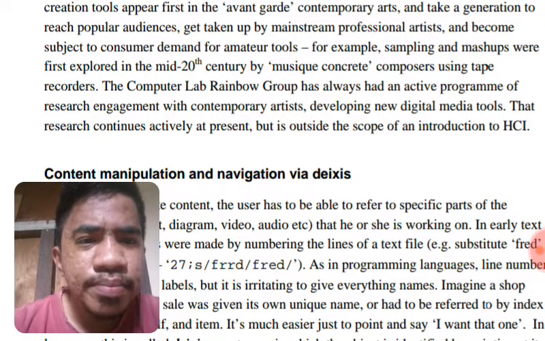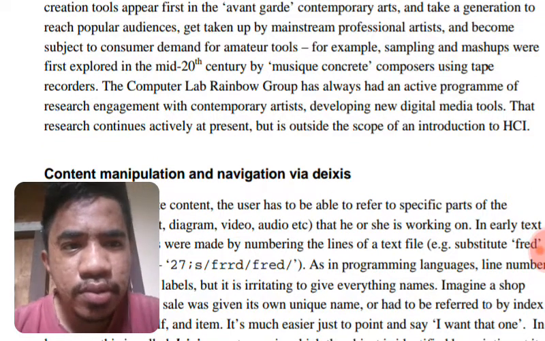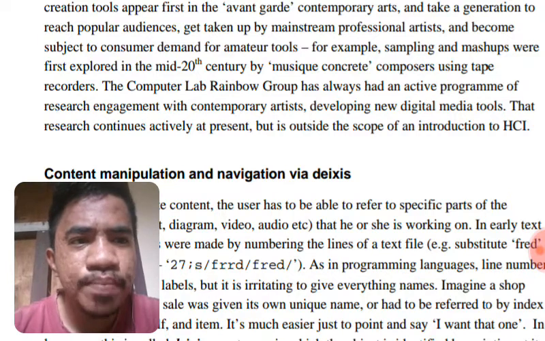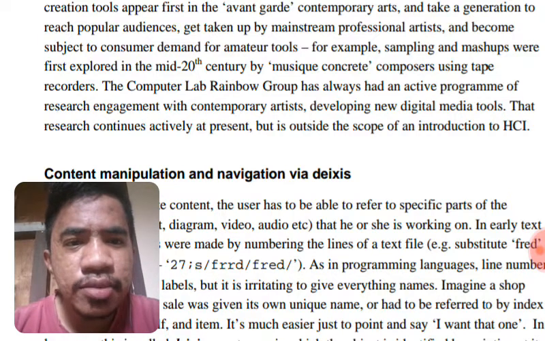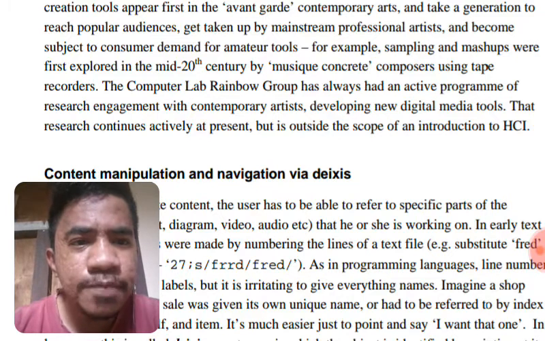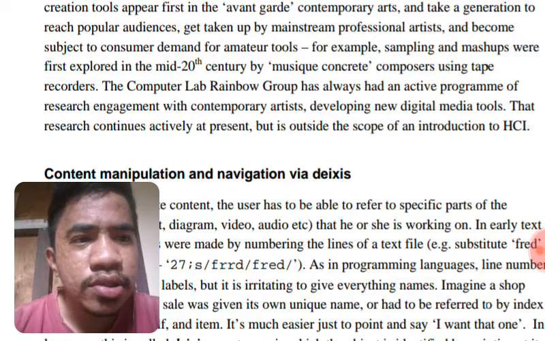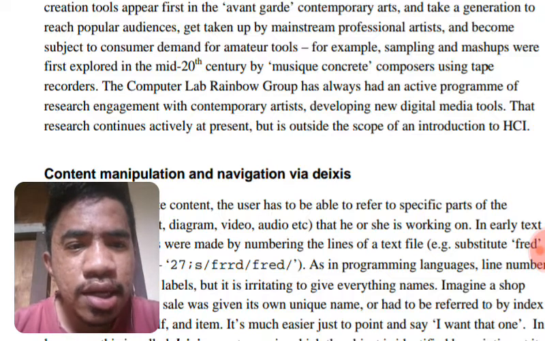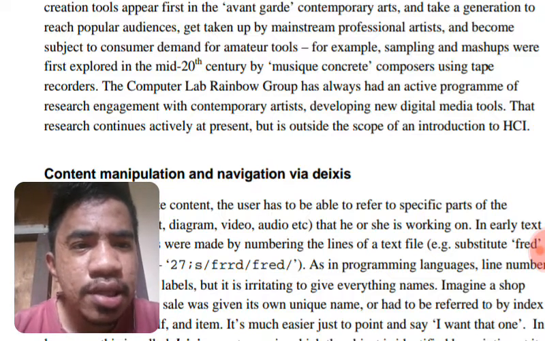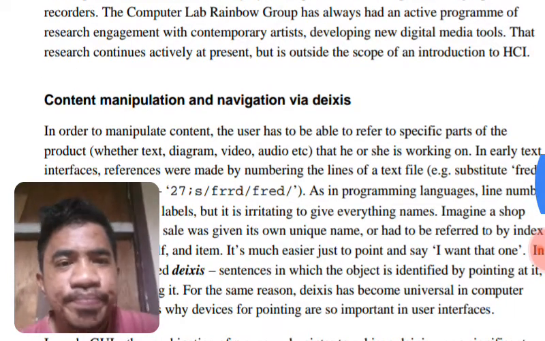The Computer Lab Rainbow Group has always had an active program of research engagement with contemporary artists developing new digital media tools. The research continues actively at present, but is outside the scope of an introduction to HCI.